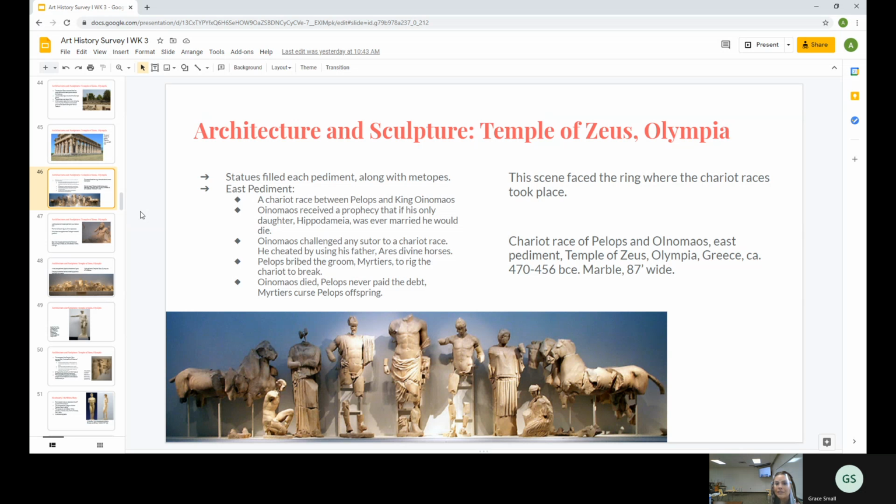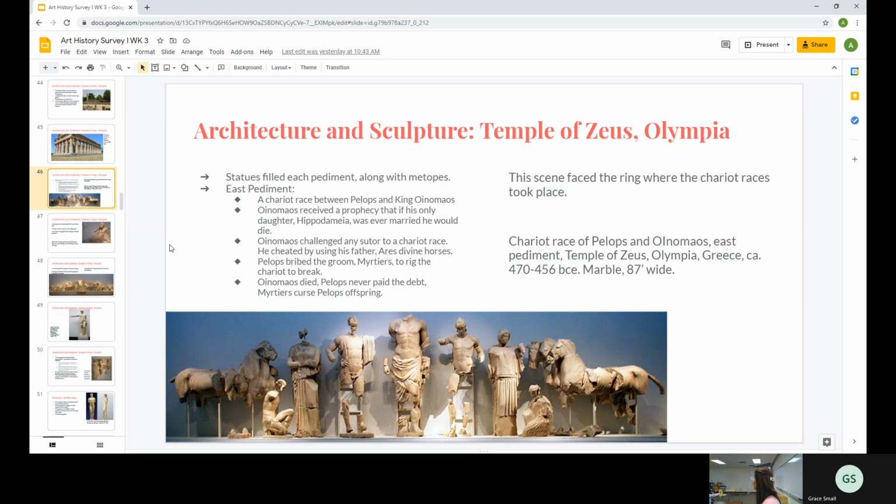This particular pediment sculpture is what's left from the Temple of Zeus that no longer exists. If you're wondering what's going on in each of the pediments, like I mentioned, it was placed right in front of the Olympic Games, particularly the chariot ring. So they fit the sculpture with that theme.